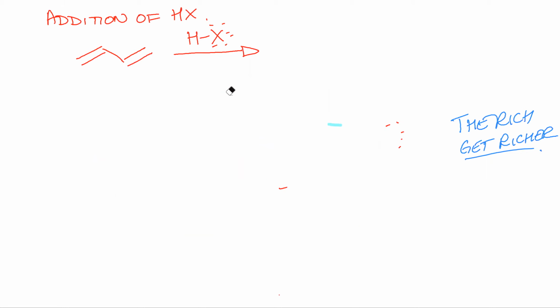Now, if we look at an addition of HX to a conjugated system, there is an added twist to this. In the first step, we will have the rich get richer. If protons equal money, the carbon with the most protons gets the money. So our intermediate would look like this.